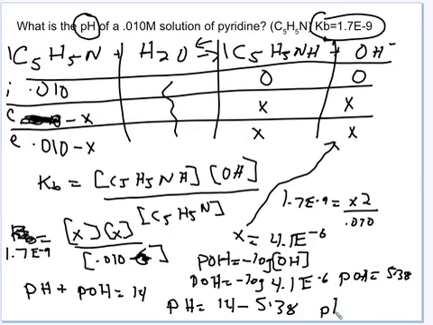So the pH happens to equal 8.6. And that's how you would solve that problem: make an ice table, write the expression, plug them in. A big clue is when they give you the Kb or the Ka and a concentration, you're going to have to make an ice table and use the equilibrium expression to figure out what the pH or the pOH is. That's it.